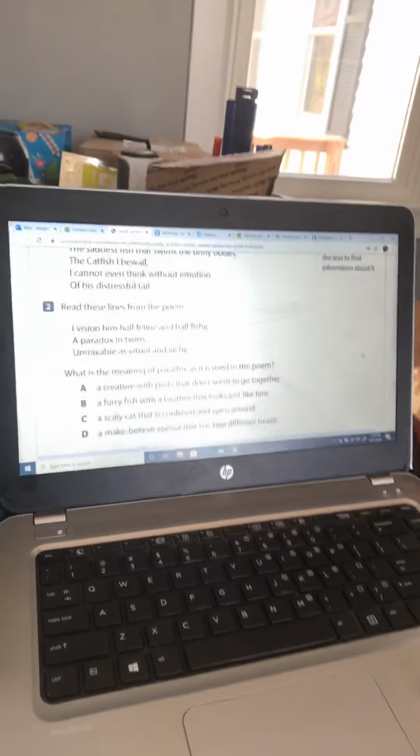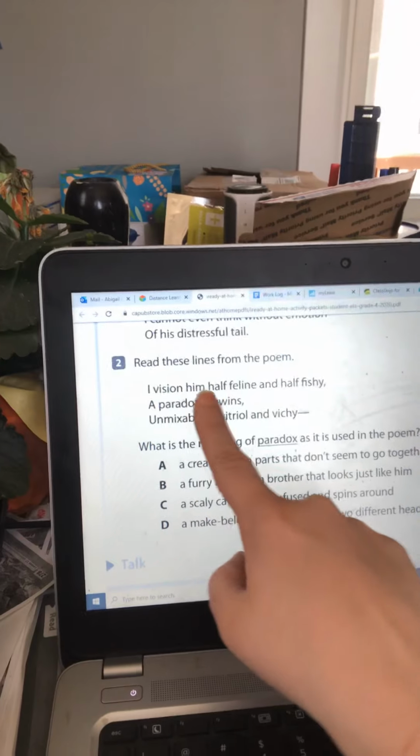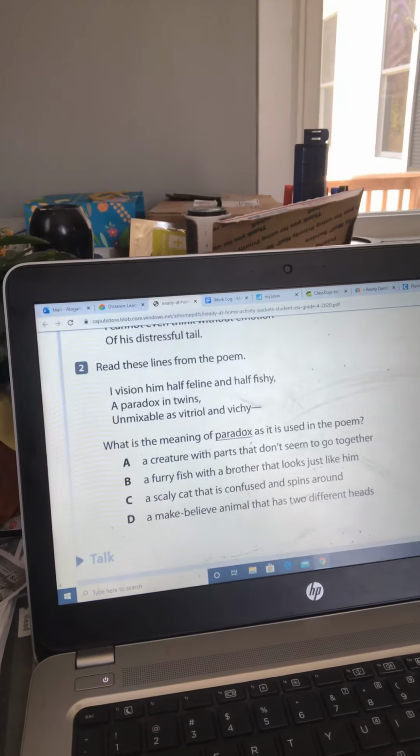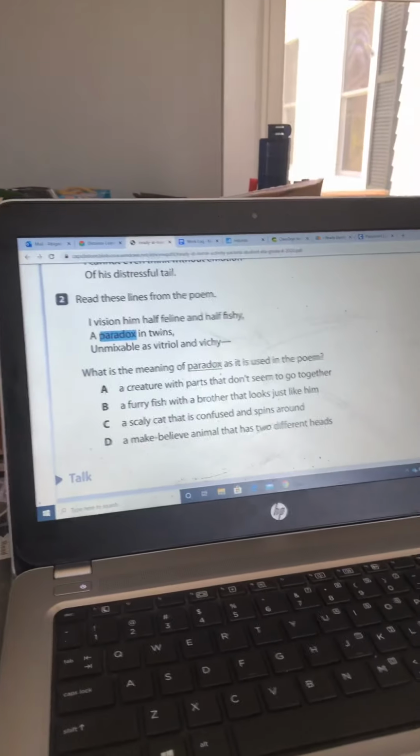So we're trying to figure out what's the meaning of paradox. A paradox of twins. When I think of twins, I think of two, but is it two? No, it's one animal, but it has two different parts. And vitriol and vichy is talking about these parts being dangerous. So let's look for something like that. Okay?